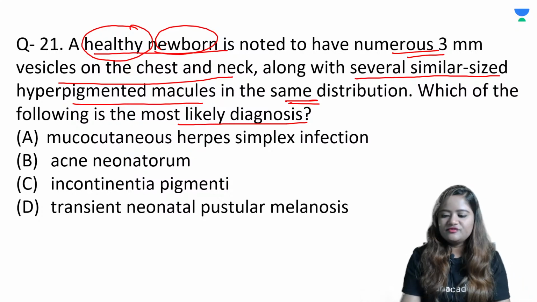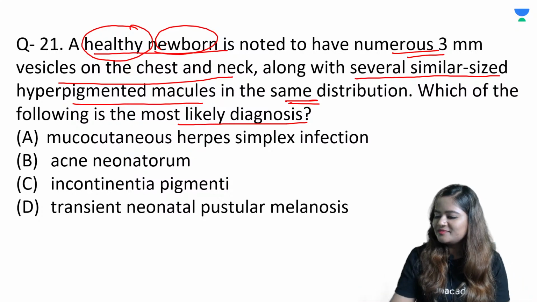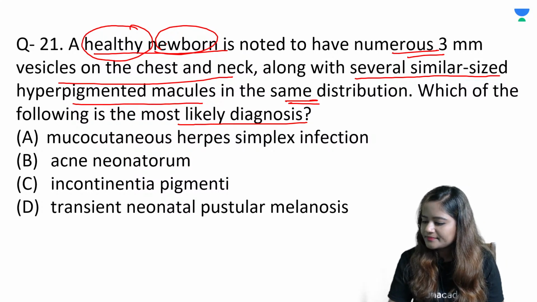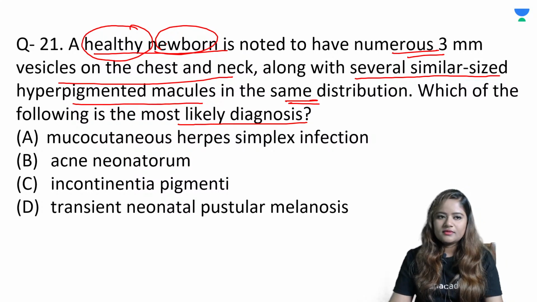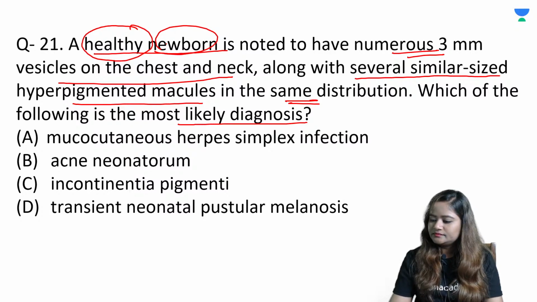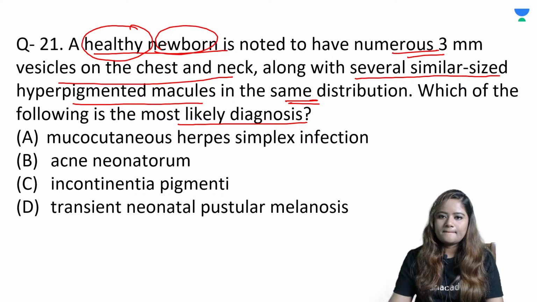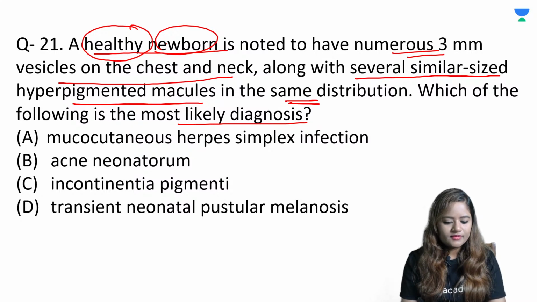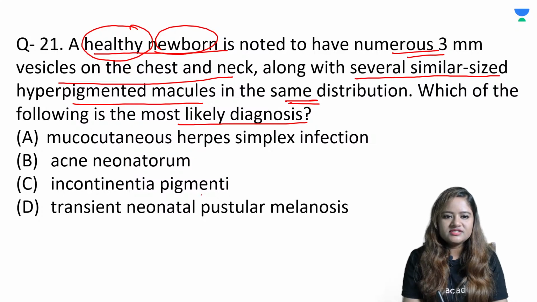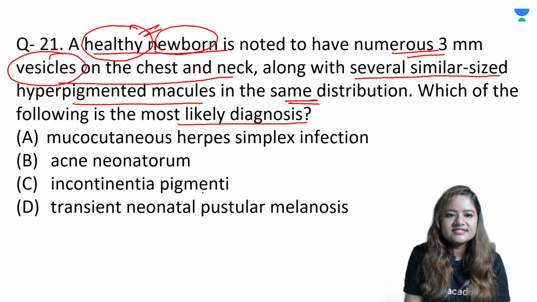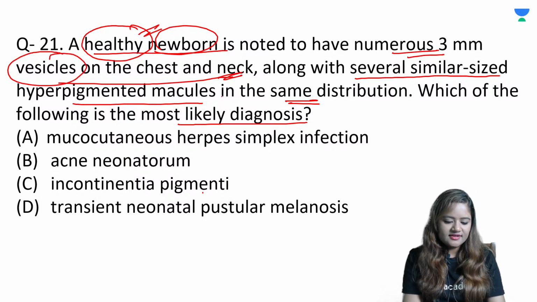Please read the question carefully, exercise your brains, and then tell me the right answer. It is a healthy newborn. First thing, there is vesicular lesion. Vesicles are present on the chest and the neck.